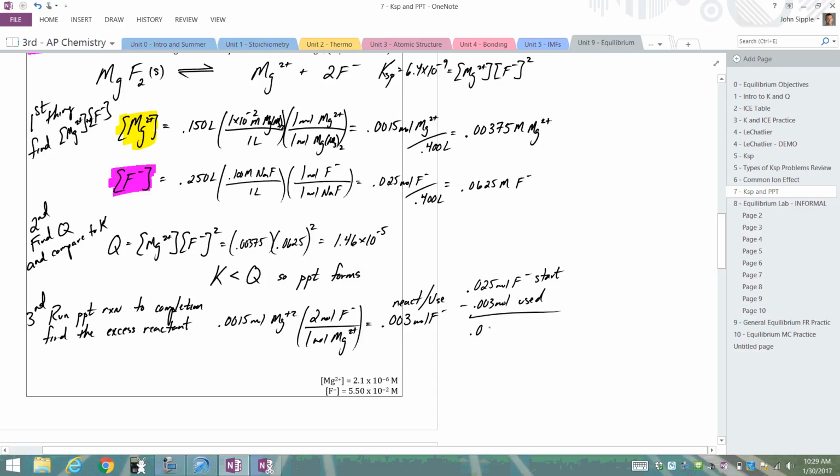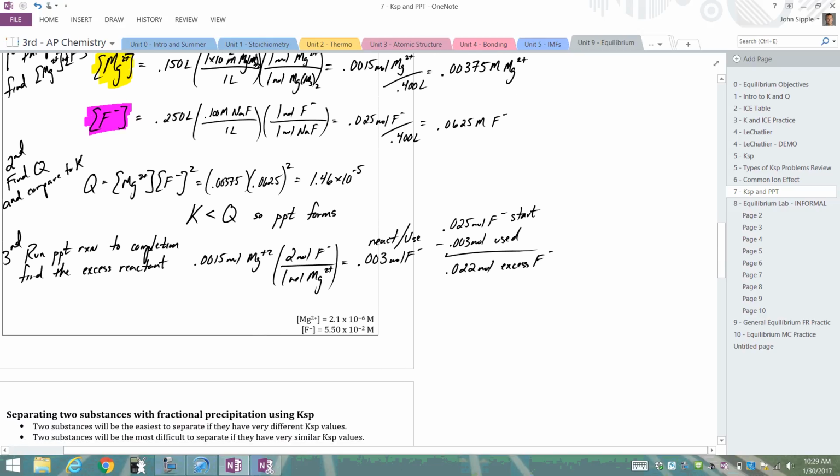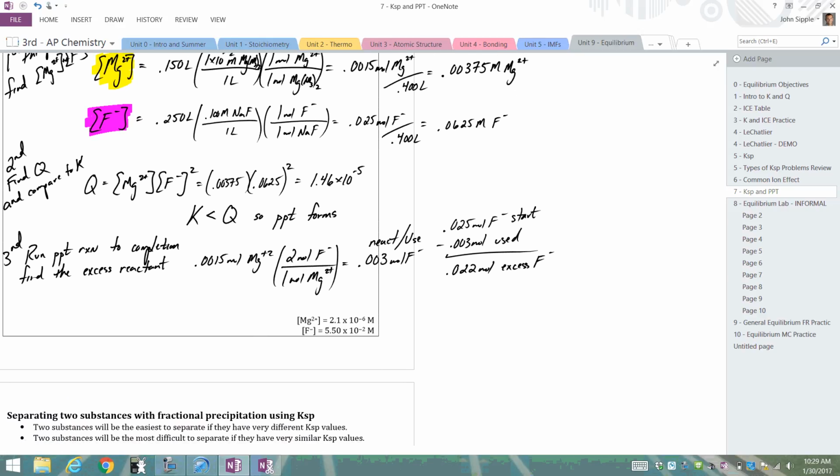So we have 0.022 moles of excess fluoride ions, right? Kind of run out of space here. All right, so that's how much we've got floating around.